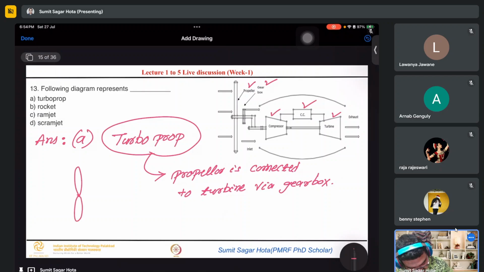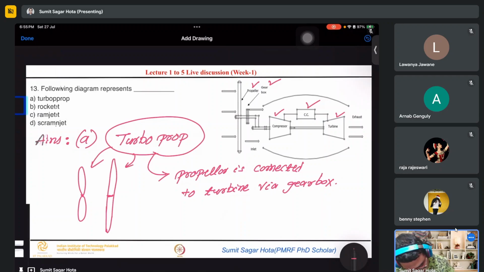Sometimes they can represent it like this, or it can be like this. Something like that, so some kind of like this they can represent turboprops.